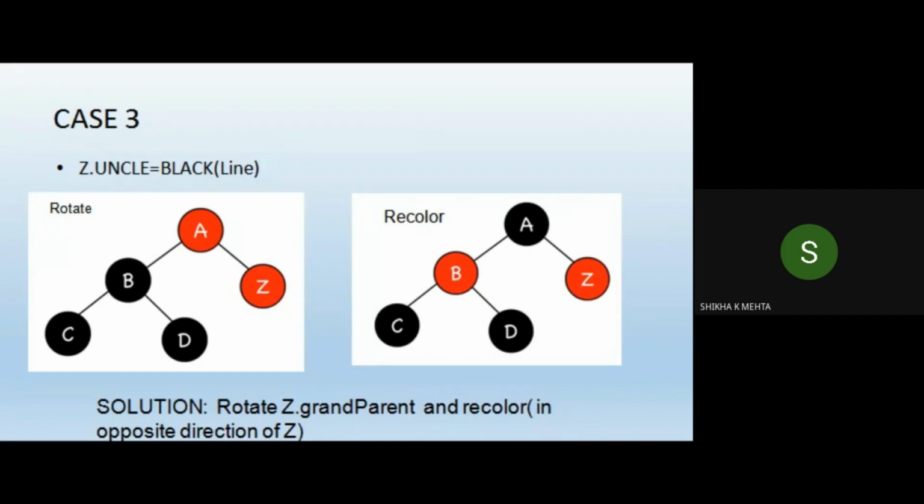And after that, wherever the violation has reached up in the tree, that node will become the Z node, and then we will keep on fixing these violations up the tree till the tree becomes a complete red black tree. So these are the four cases that you will come across in any kind of red black tree.